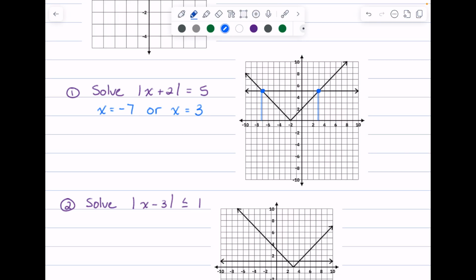And we can think of how that works. Negative 7 plus 2 is negative 5, but the absolute value would make it a positive 5, or 3 plus 2 is positive 5, and the absolute value keeps it as a positive 5. Now, graphing on a number line is fine here.